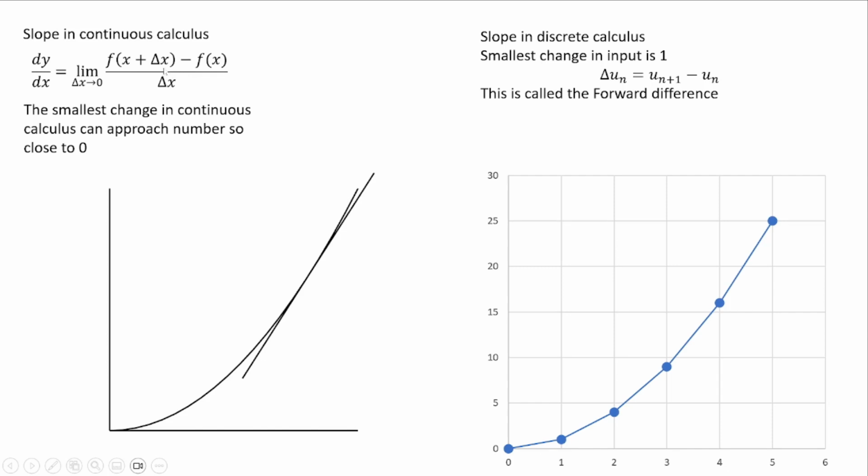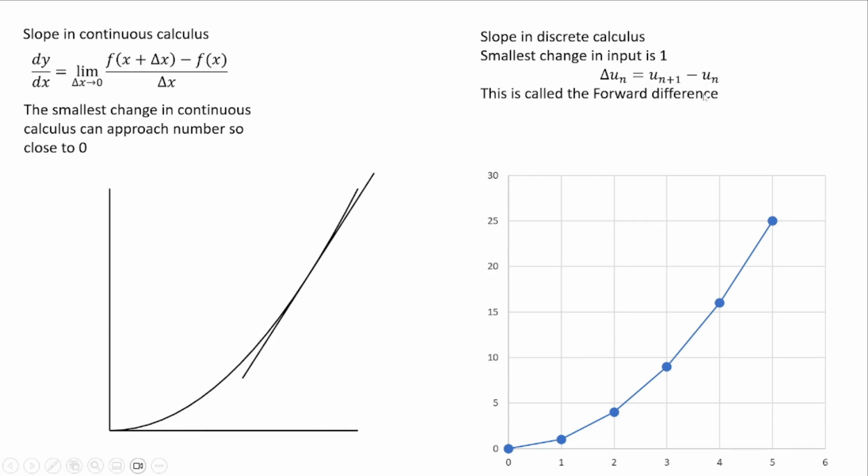When we have a change in output, which is the change in the function, divided by the change in input, which is 1, dividing by 1 is the same as not writing it, because anything divided by 1 is itself. We will have two definitions for the difference, which is the discrete version of the derivative in continuous calculus.